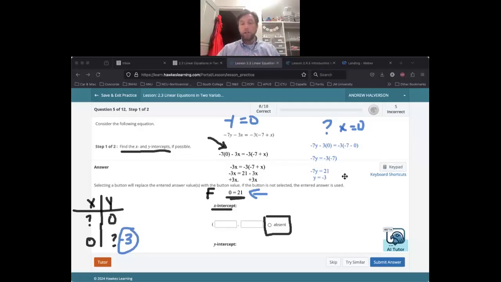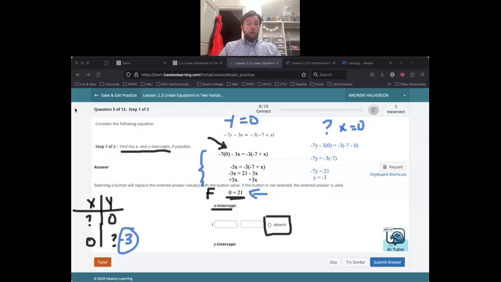To find the y-intercept, plug in 0 for x, solve for y. The other takeaway is, if your variables go away, whatever intercept you were trying to find doesn't exist.